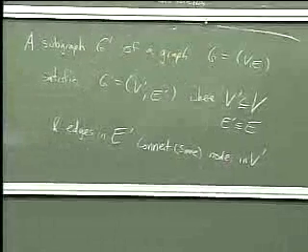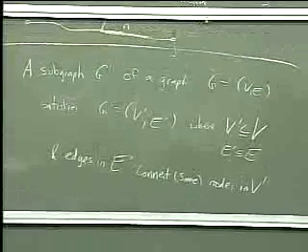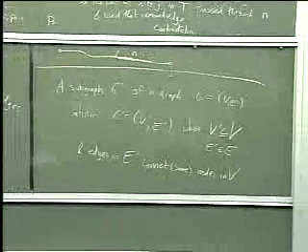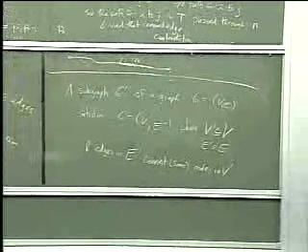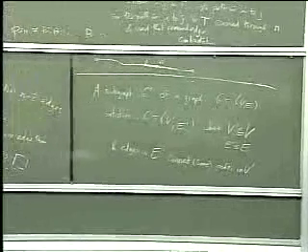So basically, you start with your original graph G. You remove some nodes; any node you remove, you have to remove all edges connecting to that node. You remove some nodes, you can remove some edges, and that's a subgraph. I just use that term, and we're going to use it frequently.